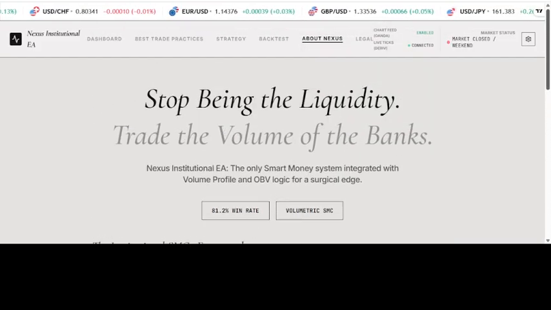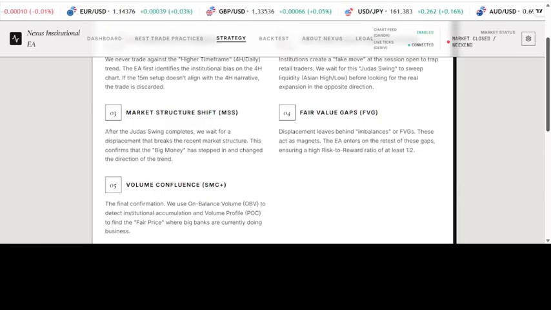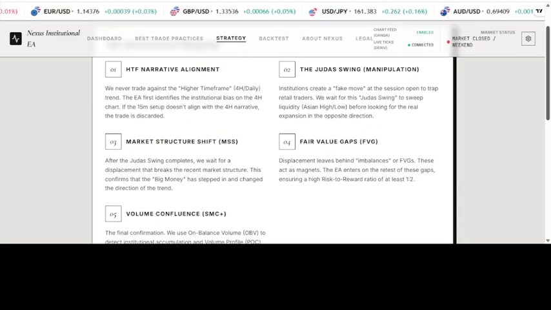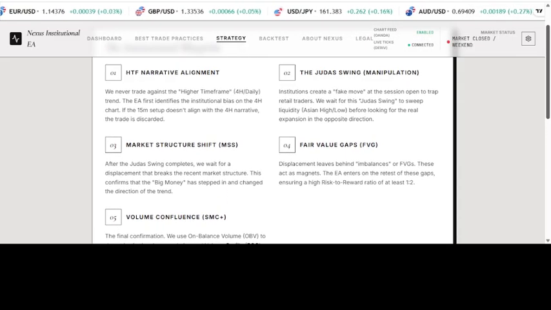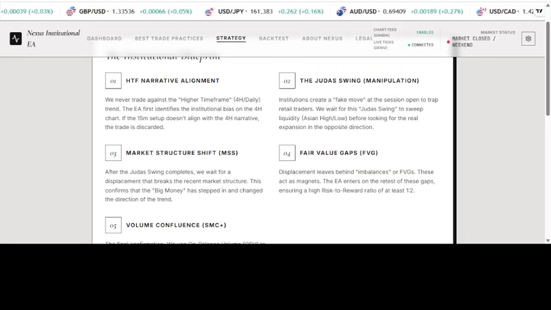So I have the dashboard here. So if we get a little bit deeper into the strategy here, like I mentioned before, there are 5 core implementation strategies that I've built in, which I mentioned before, the high time frame alignment here. We want to align the 4-hour and the 15-minute setup. They must be in alignment before a trade is even considered.